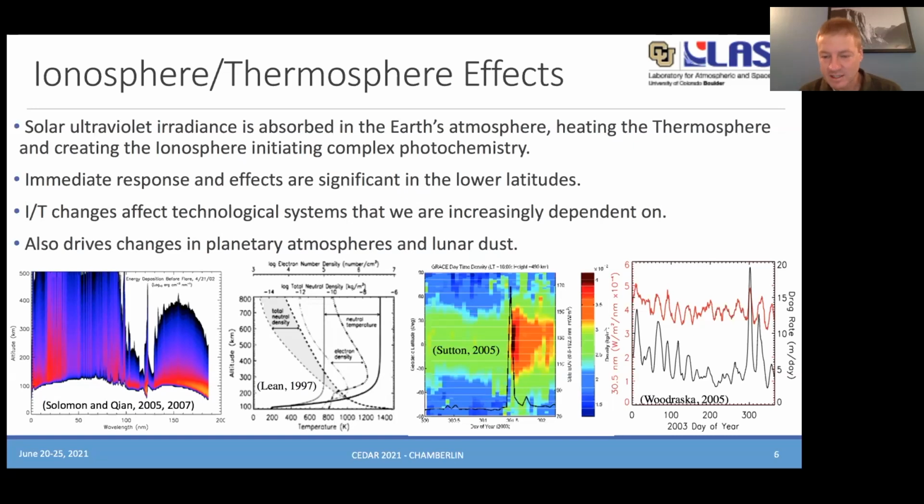And so conjunction analysis and accurately being able to predict the density at any given altitude that will lead into satellite drag is going to be very important going into the future.